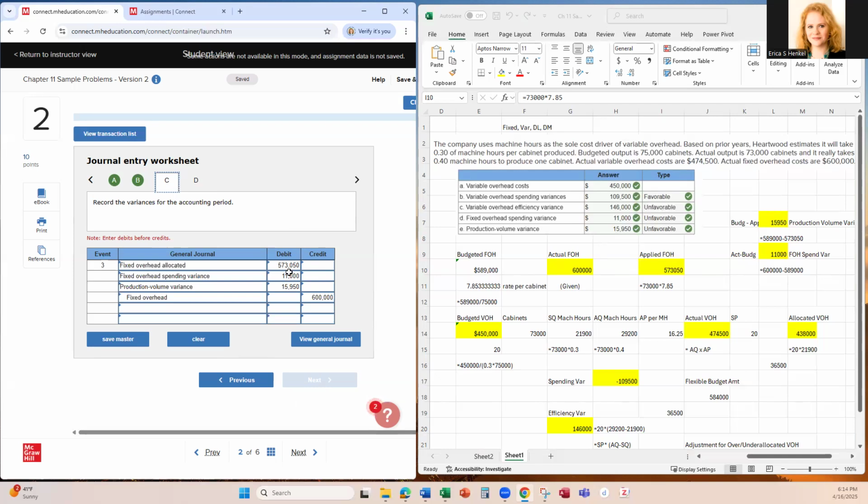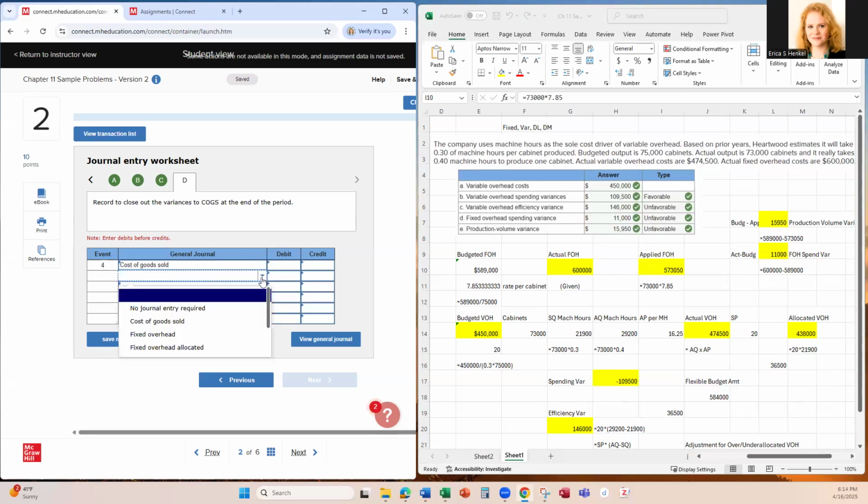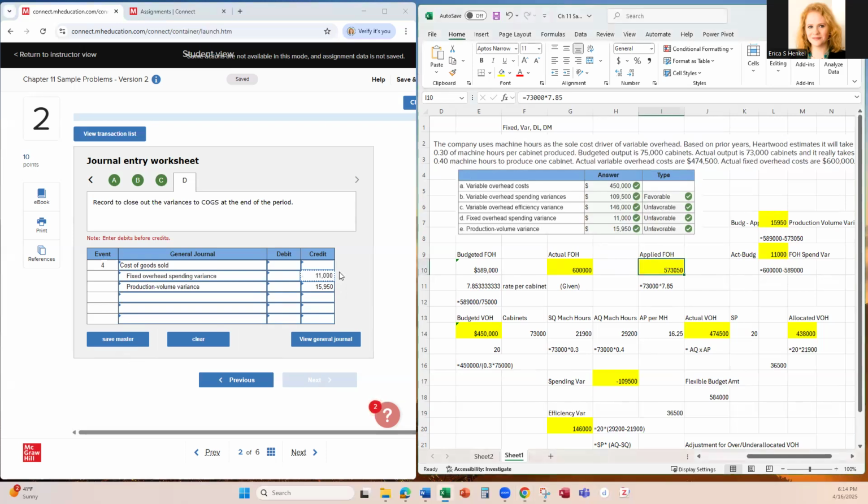These are both debited, so they'll both get credited here, which means we'll have a debit to cost of goods sold, and then we'll be crediting those two variance accounts, fixed overhead spending and production volume variance, for their respective amounts: 15,950 and 11,000. Those two combined get us to 26,950.